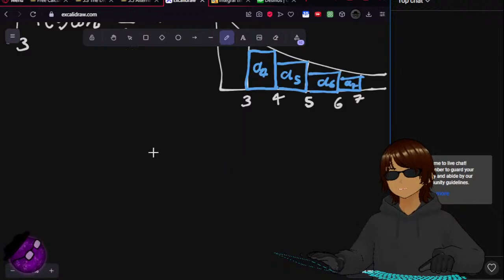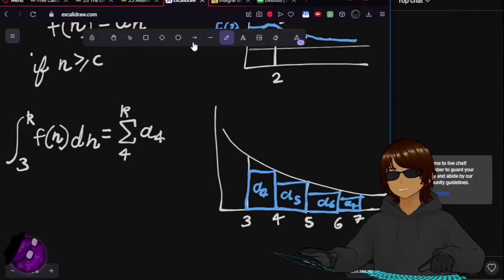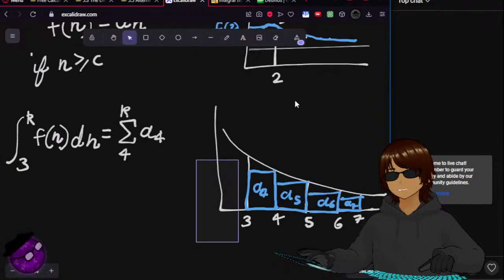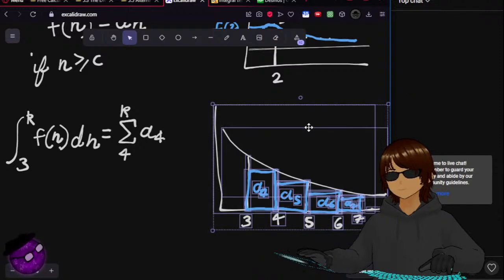Now we are going to use the left Riemann sum.